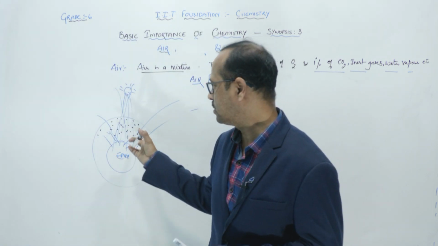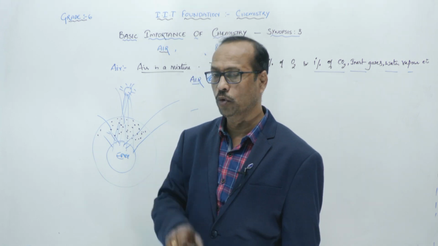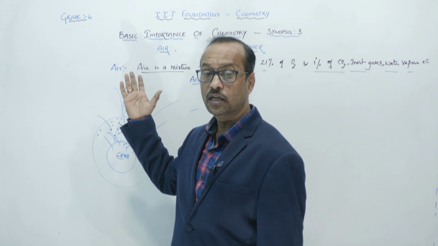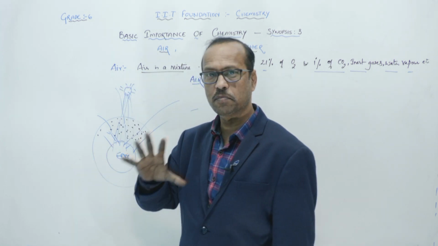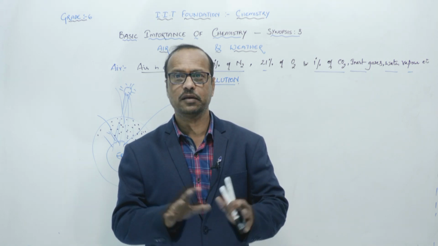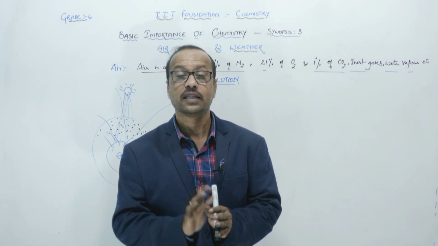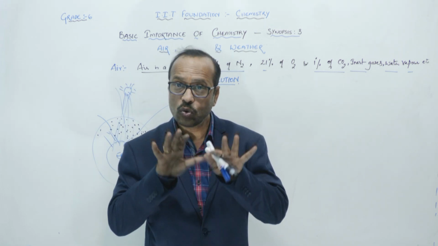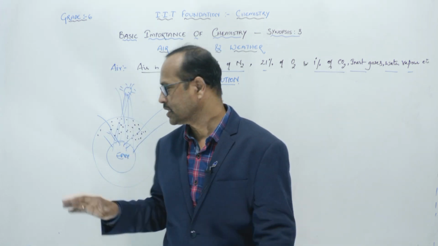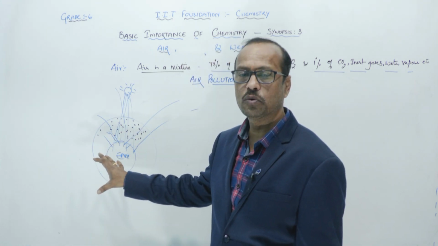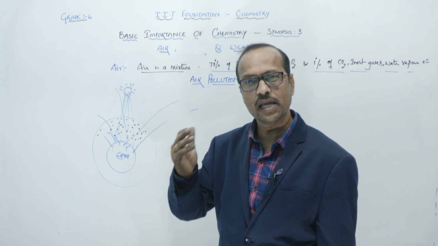The meaning is that these carbon dioxide particles are trapping the heat. Trapping the heat means they are holding the heat and not allowing it to go away from the Earth. So the heat stays in the atmosphere. Due to that, what happens? The temperature increases.